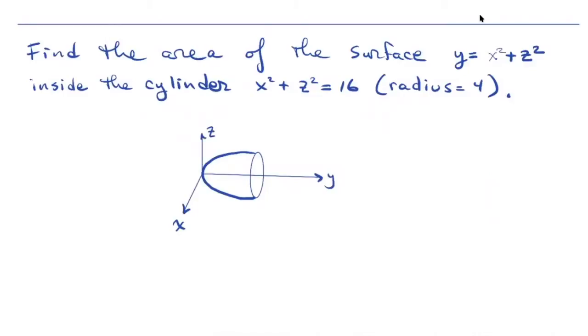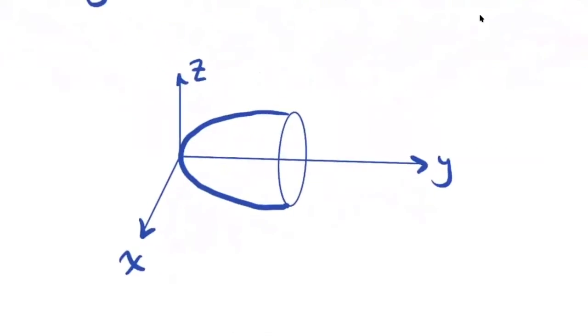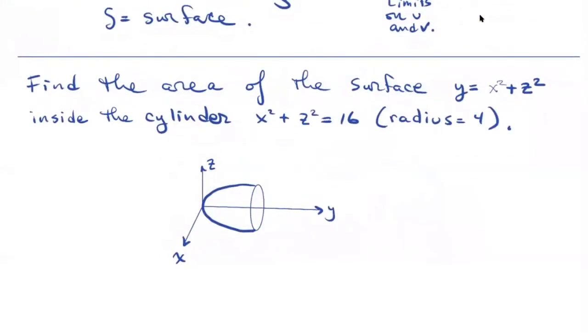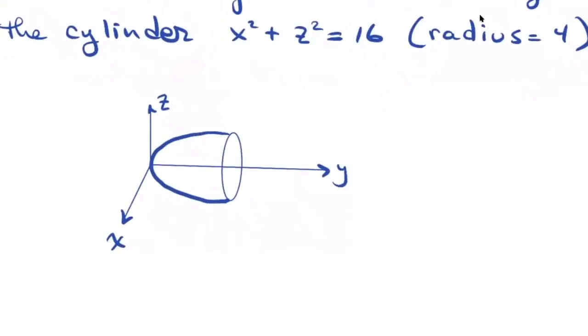I need that maximum radius to be 4 because I have to stay inside the cylinder x squared plus z squared equals 16. That's a radius of 4. So I'm going to draw my maximum radius here. That is not a good picture. I'm going to try a little harder on this.